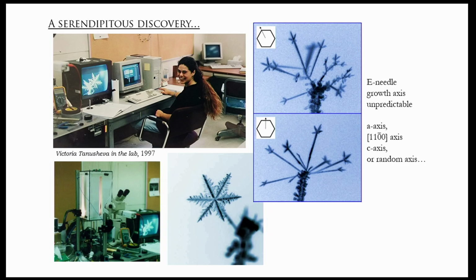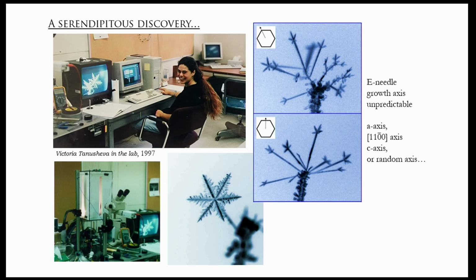And we were looking at all this and didn't really know what to make of it. It was very unpredictable. But we really liked these C-axis needles, because if you turn the voltage off, you get a beautiful dendrite crystal growing on it. And this stuff's weird, and we don't know what to do with it, but this would be a great thing to have in the lab. So we started looking to figure this out.